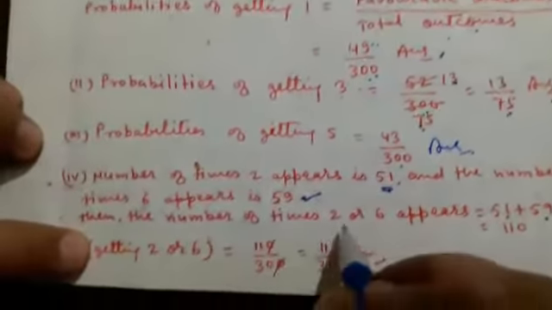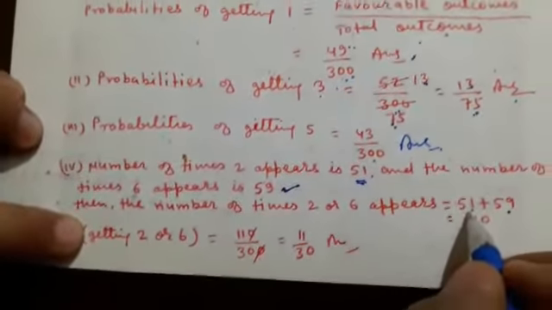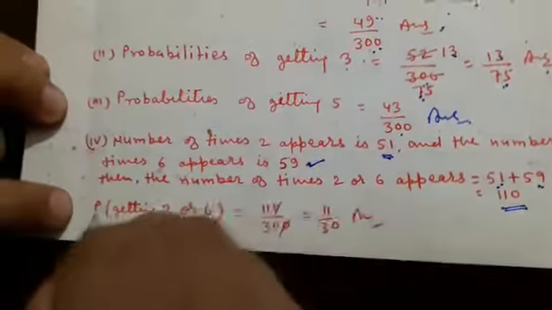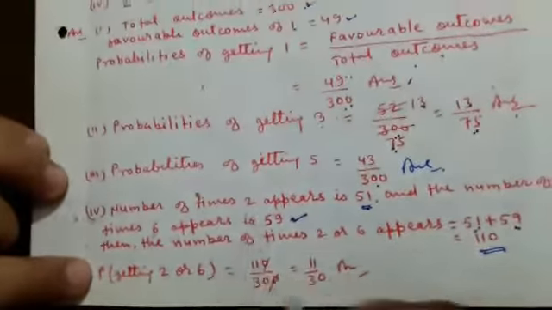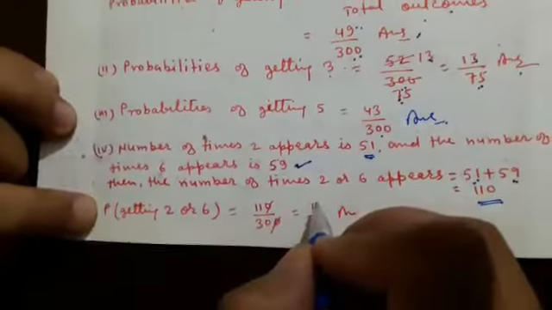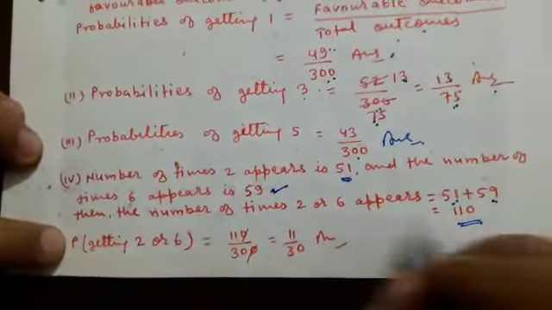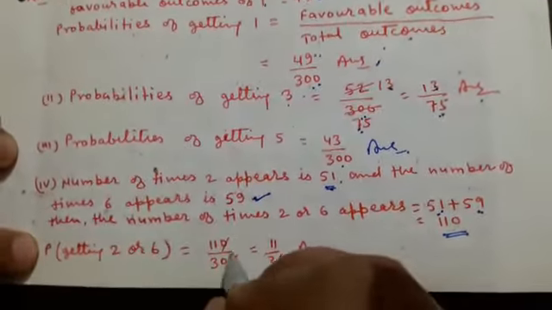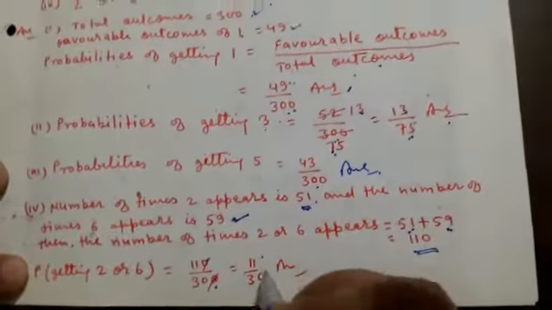So the number of times 2 or 6 appears is 51 plus 59, that is equal to 110. Now the probability of getting 2 or 6 is equal to 110 by 300. Now the zeros will cancel out, therefore 11 by 30 will be our answer.